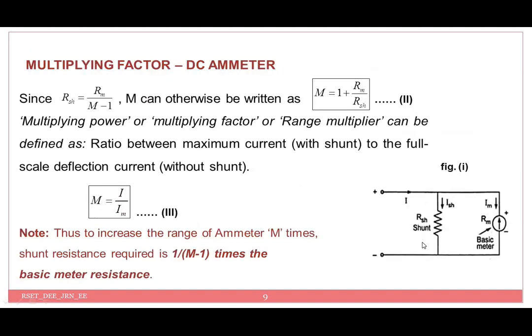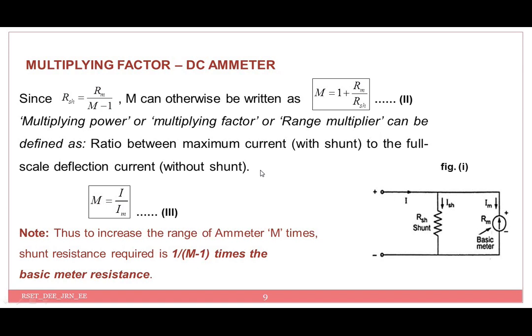Okay. Now we'll see another alternate expression for the multiplying factor. We already saw m is equal to I divided by Im. Since RSH is equal to Rm divided by m minus 1, m can otherwise be rewritten, by cross multiplying and simplifying, as m is equal to 1 plus Rm divided by RSH.